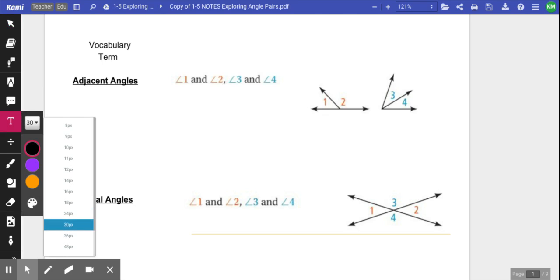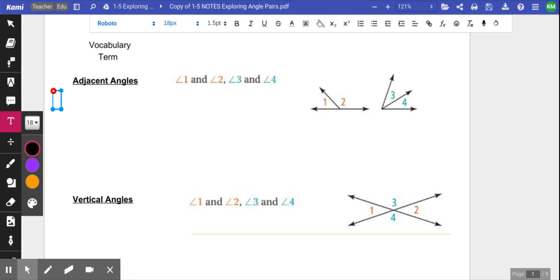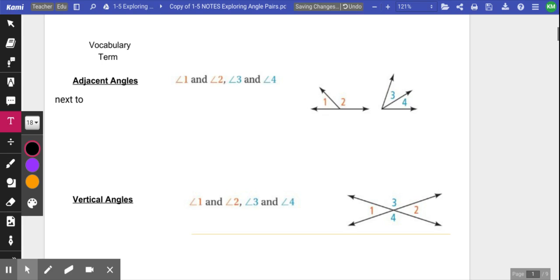The first thing I noticed about angle 1 and angle 2 is that they're next to each other. When I think of adjacent angles, I think of 2 angles being next to each other.